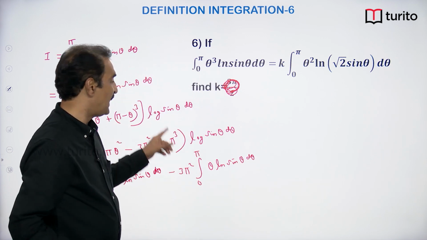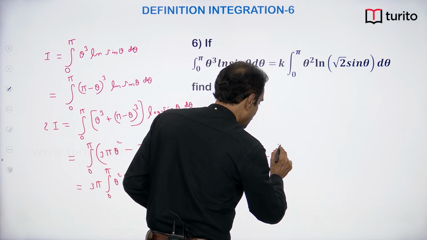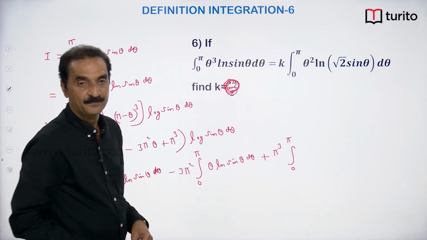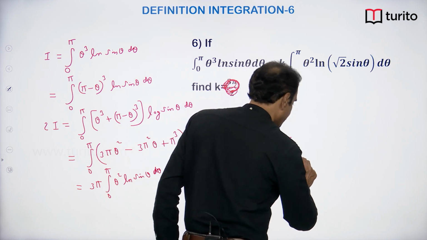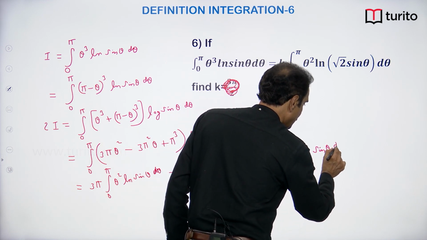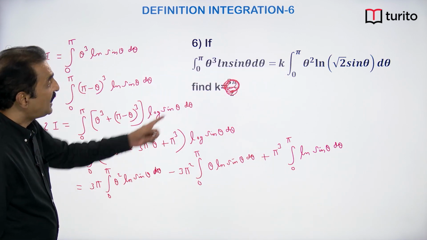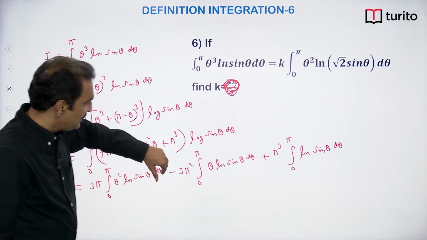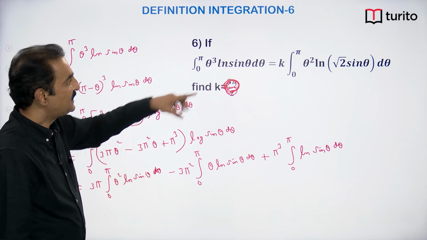Next, third: pi cube into integral 0 to pi log sin theta d theta. Now, in the RHS we have theta square, so don't touch this. You have to combine these two and combine with this, finally get that answer.